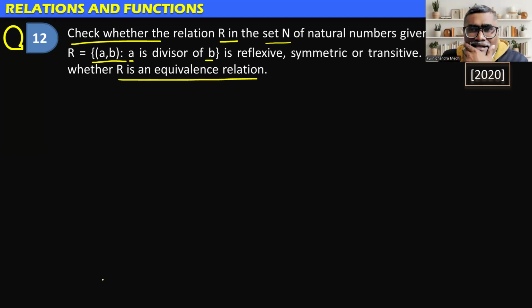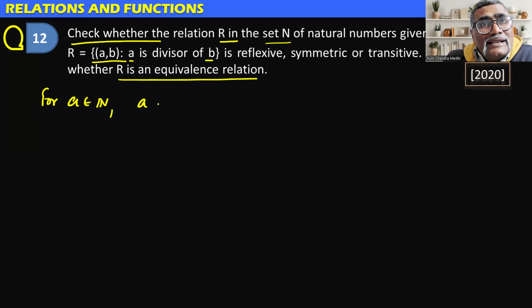So, divisor they are talking about. A is a divisor of B. Then A and B are related. So now I have to check the reflexivity. For reflexivity, (A, A) should be there. For A belongs to natural number, you can say easily that A is a divisor of A. Is that possible?